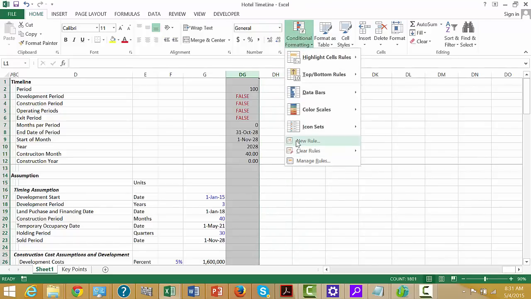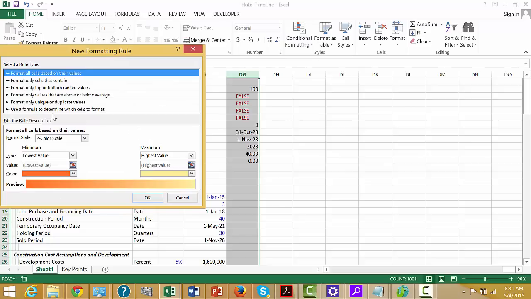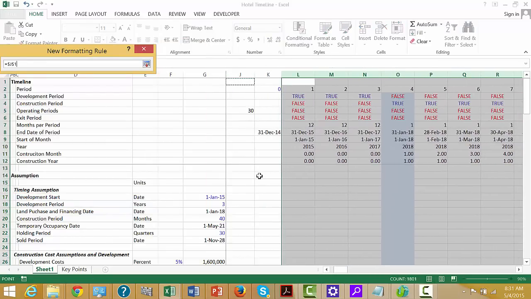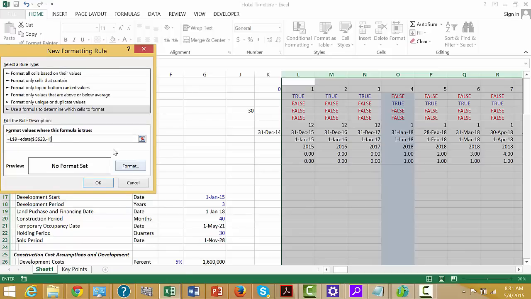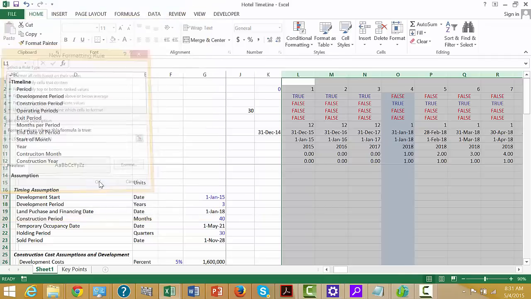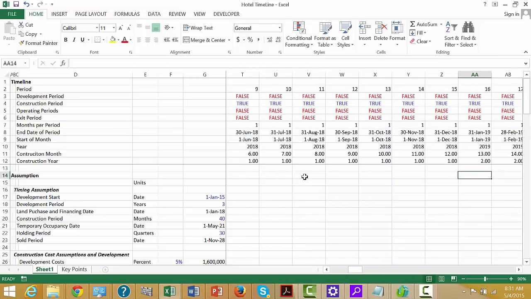This is going to be a little bit trickier, a new rule, and we'll use a formula on which to do this, and we'll take this one and press F4 a couple of times, equal to E date of this one minus 1. So that's a little bit trickier, I think. I've never done it before. And we're going to make this one green. Okay, so we have this one.